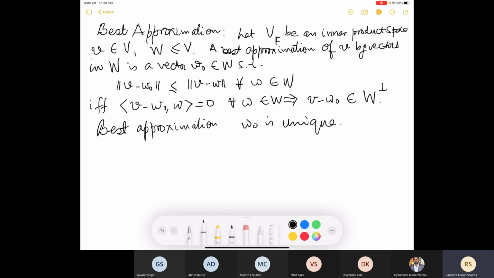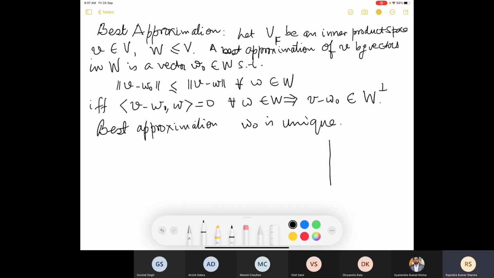And one thing one can see is that if you treat the norm of U minus V as the distance between the vectors U and V, then the distance of the best approximation W naught of V from V is minimum among the distances of V from every vector in W.